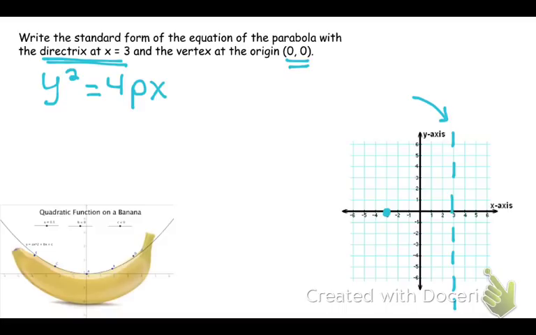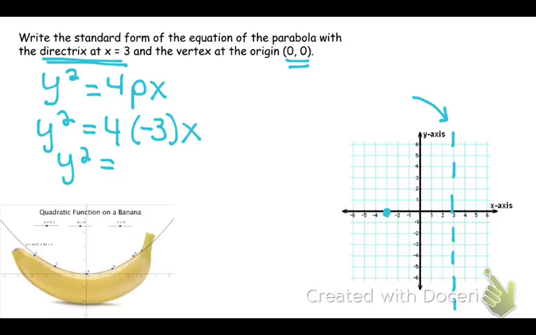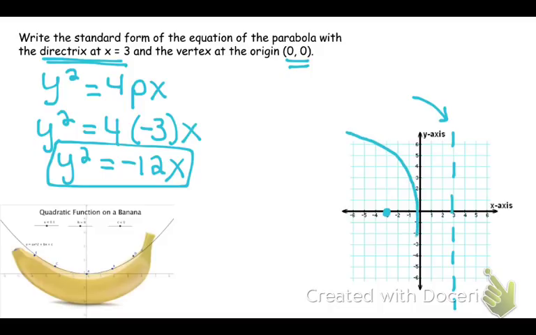Our equation is then y squared equals 4 times -3x, and we simply reduce that to y squared equals -12x. So our graph might look something like this. Again, we could make a table of values and plug in x values to figure out our y's and get an exact graph.